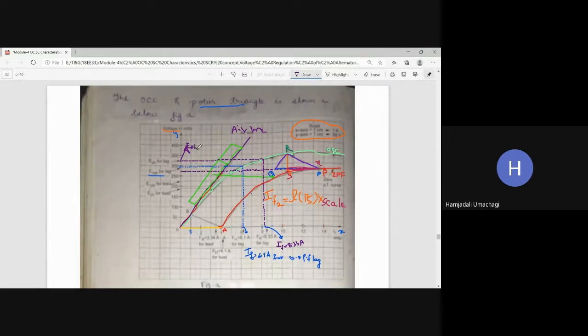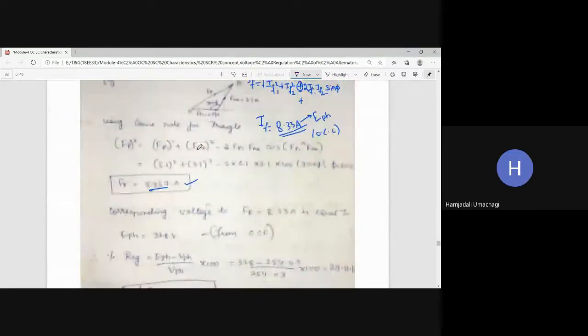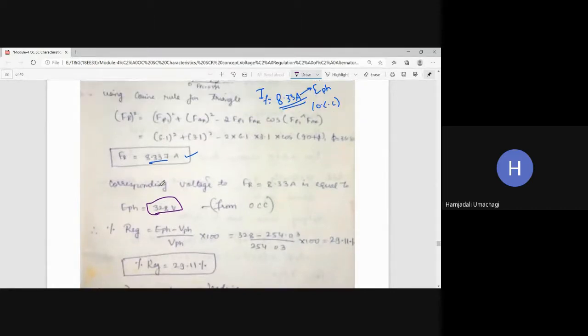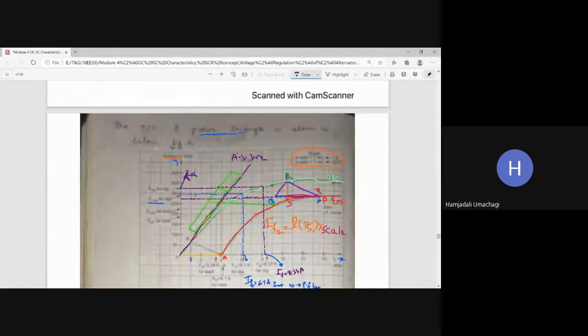Check what EPH you are getting. 324, sir. Let us see the answer here. Here, as per the notation, the answer is 328. Is anybody getting 328? No, it is not wrong. If you are getting 324 also, it is near to the answer. Even if you get an answer near to the exact value, you will still get the marks.